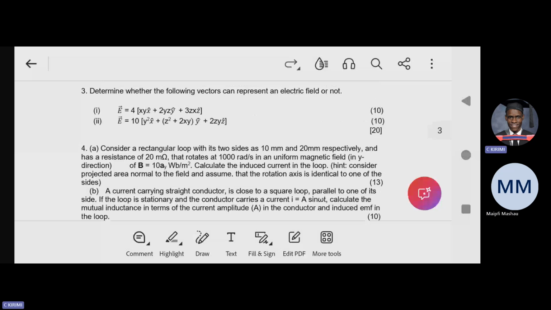So the question is saying consider a rectangular loop with two sides as 10 millimeters and 20 millimeters respectively, and has a resistance of 20. Is that a milliohm or a mega ohm? How do you know?